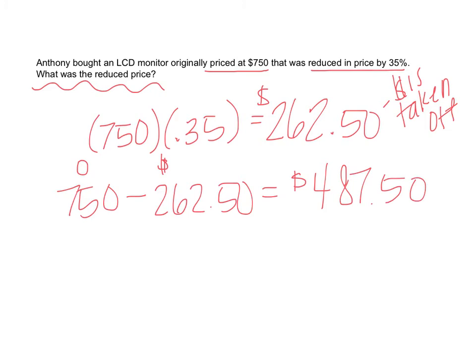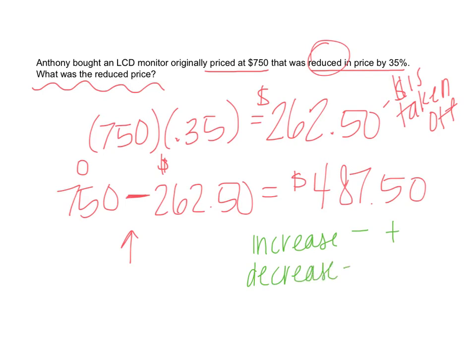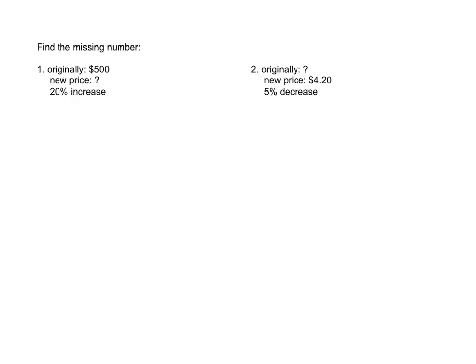Now, if this was an increase, if the price was increased, we would have added here instead. But because it's decreased or reduced, that's why you are subtracting. So let's put a little side note. If we increase, we're going to add, and if we decrease, we're going to subtract.